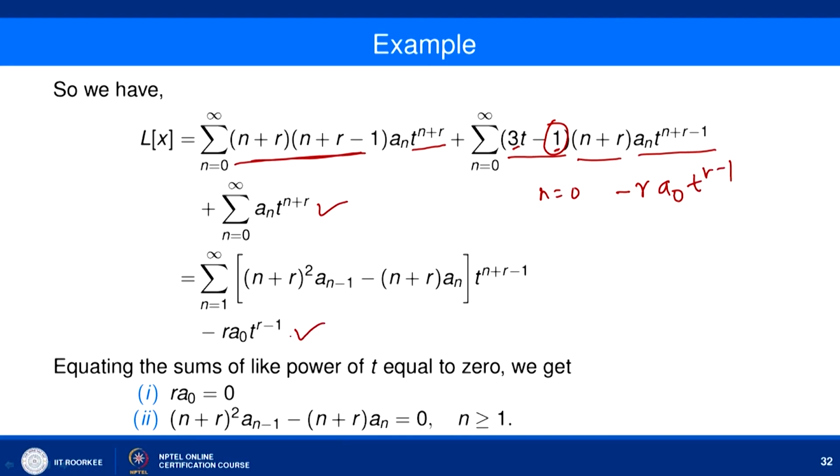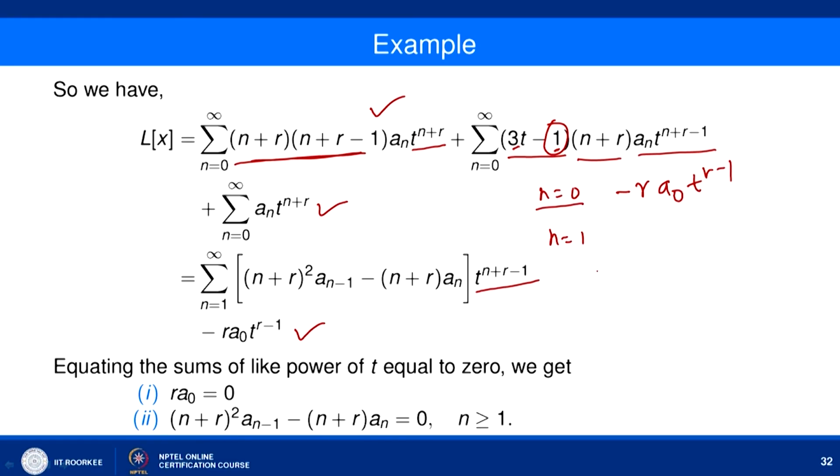So, this is the term which we obtain by putting n equal to 0 in this second term, and then when you put n equal to 1 and onward, all other terms will also contribute. In general, if we look at the coefficient of t to the power n plus r minus 1, then from the first term, if we replace n by n minus 1, what do we get?